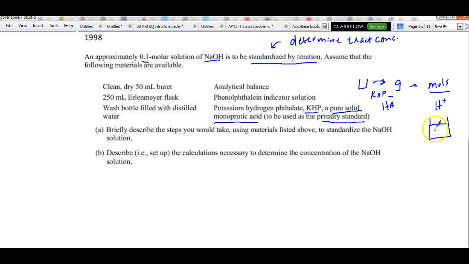It doesn't matter the concentration. It only matters the moles, because if you have, say, 6 moles of H plus, whether you put it in 50 milliliters or 100 milliliters, you're still going to have those 6 moles.